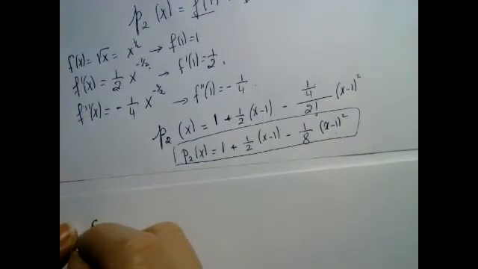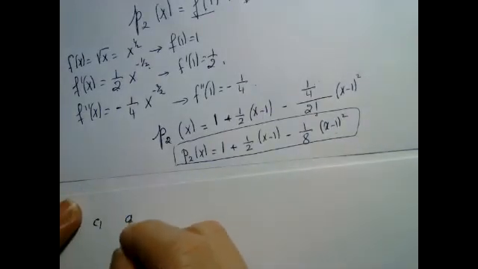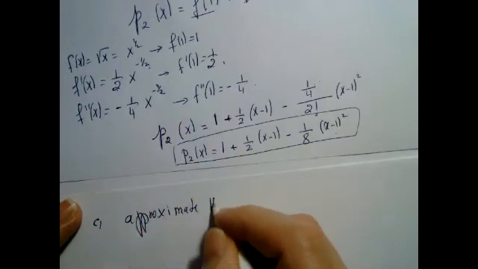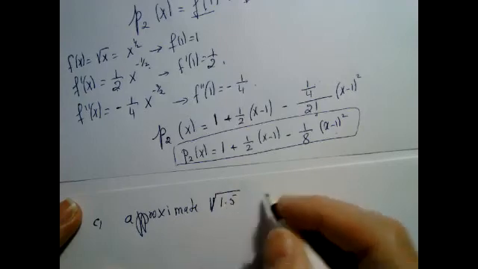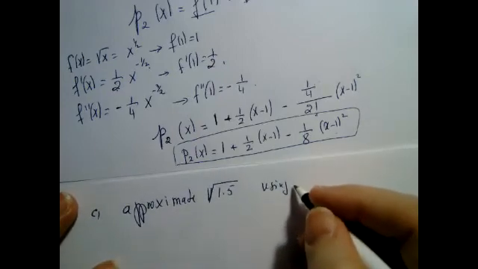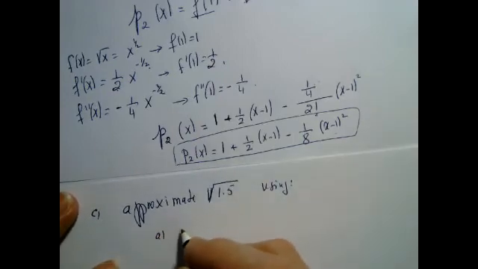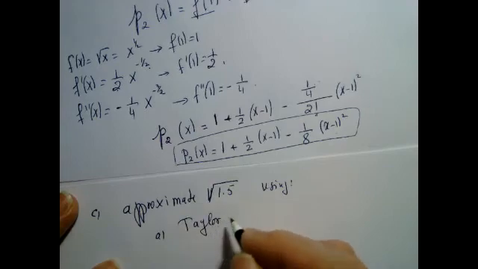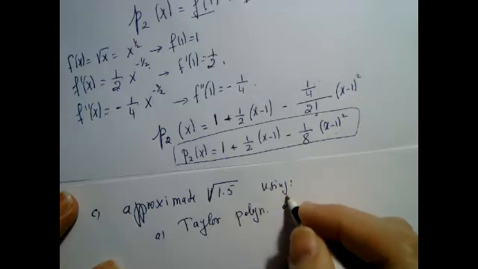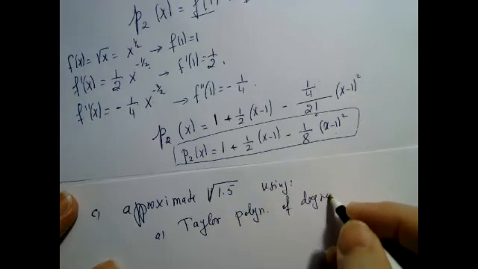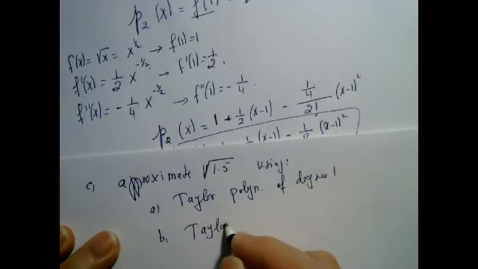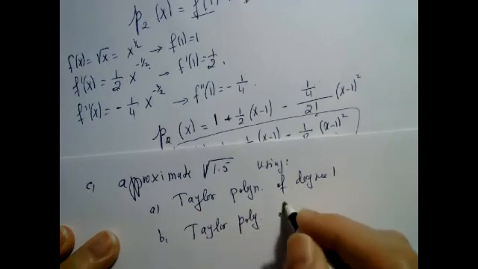Approximate square root of 1.5 using a Taylor polynomial of degree 1, or the linear approximation. And then we're going to do it using the Taylor polynomial of degree 2, meaning using the quadratic approximation.